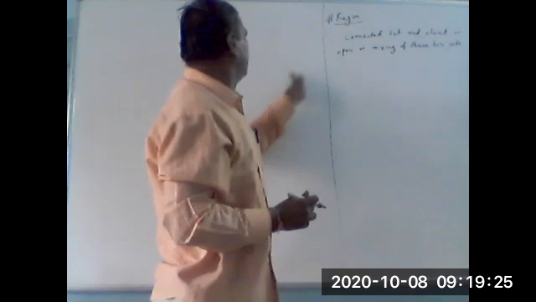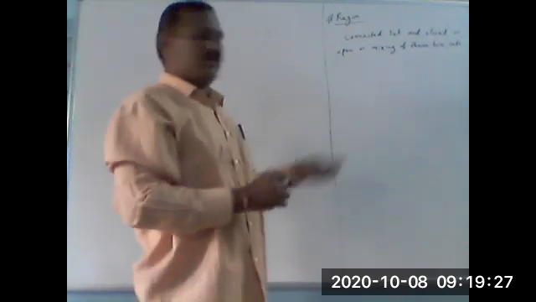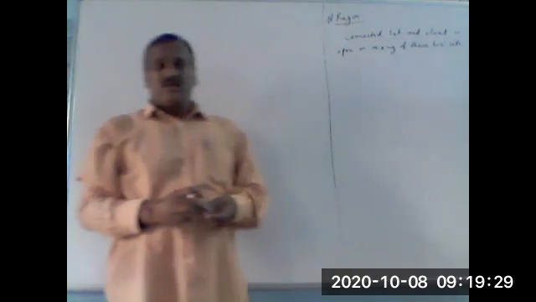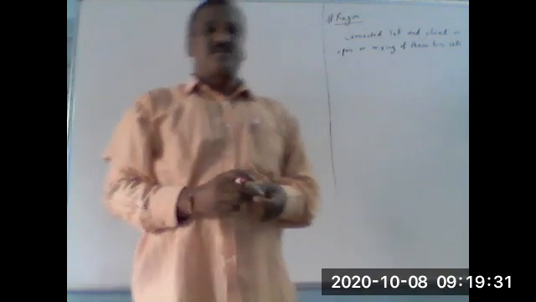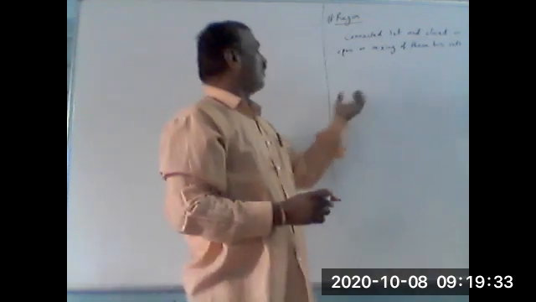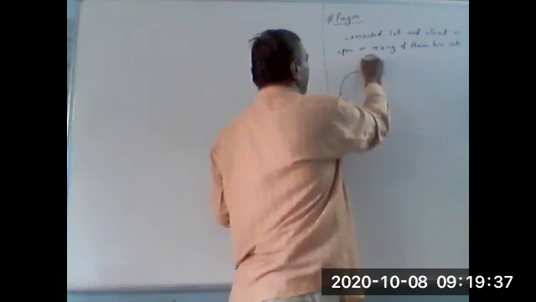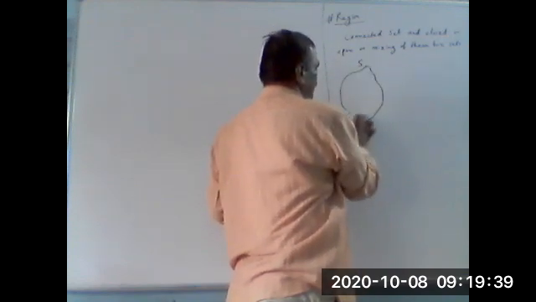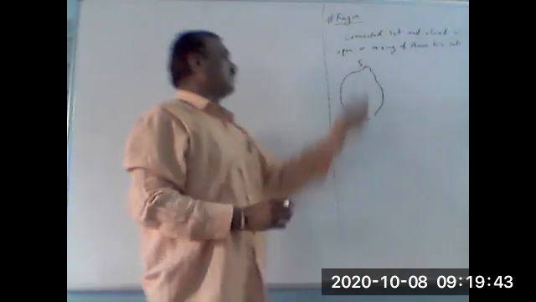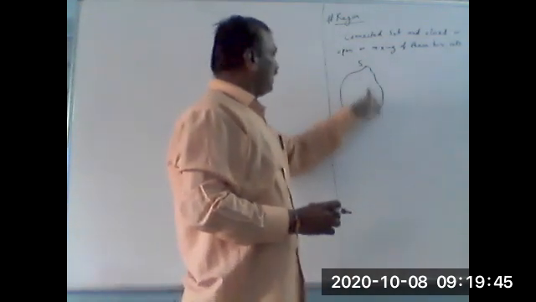That means it may contain all boundary points, or some boundary points, or some boundary points may be omitted. For such a set, it is a region.